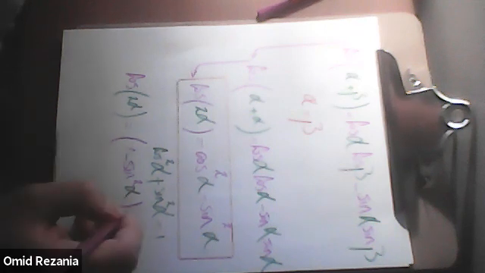Then the cosine squared becomes 1 minus sine squared of alpha, correct? Minus, and the rest of this identity remains intact, and I do not change it at all. It becomes sine squared of alpha.